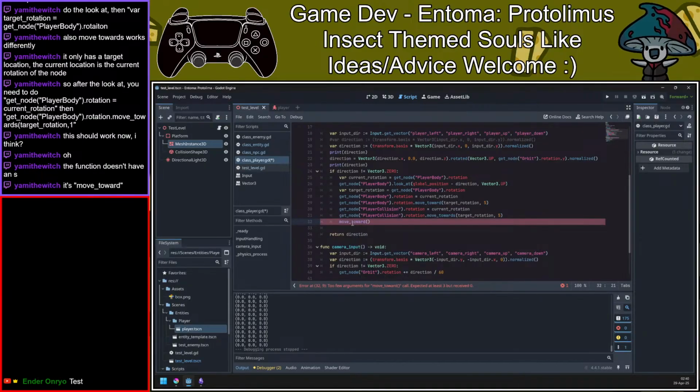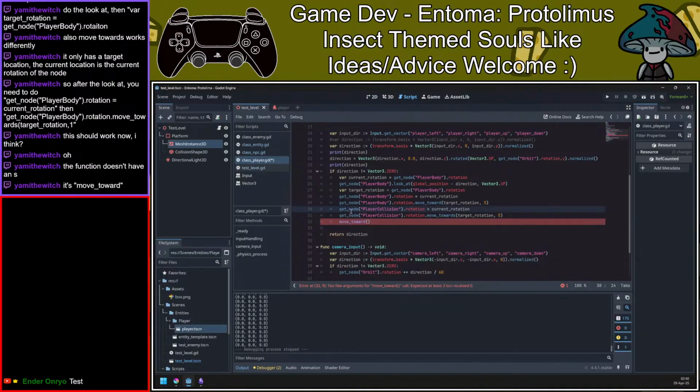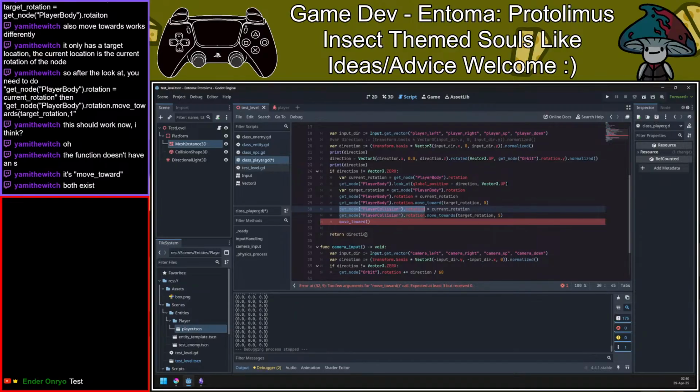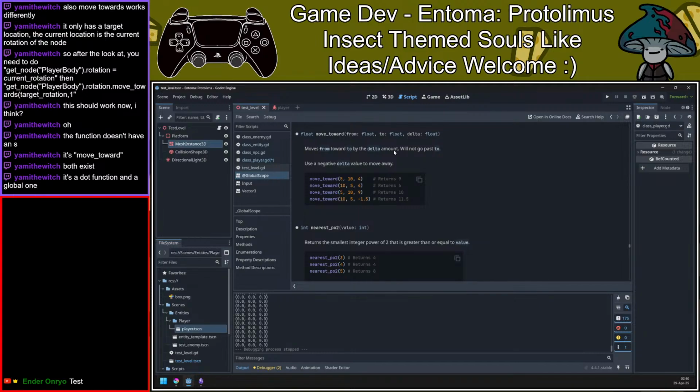See, I knew it. It's a standalone. It's not a dot function. It just is itself. Moves from to by amount.